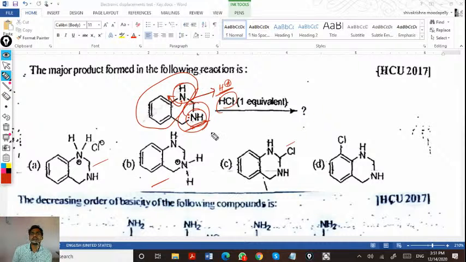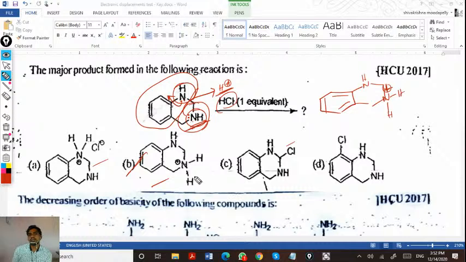So it is going to attack, resulting in option B. H is already present, and it's going to donate the lone pair and abstract the H. So option B is correct.